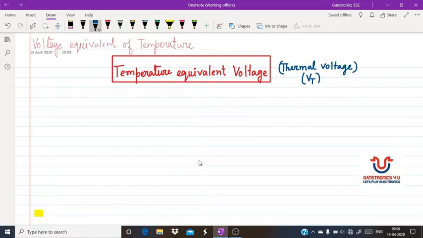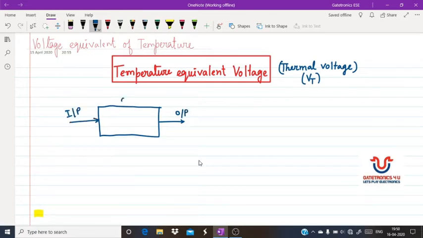For this, let us consider a semiconductor device. Let us assume that this is a semiconductor device, this is the output port and this is the input port.